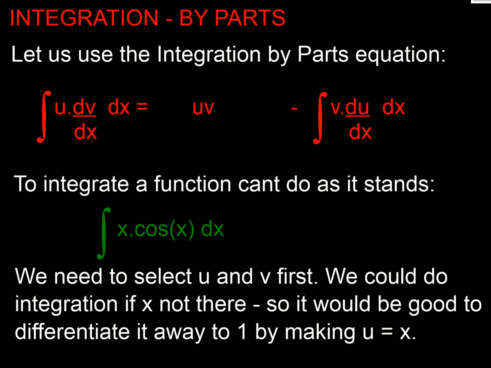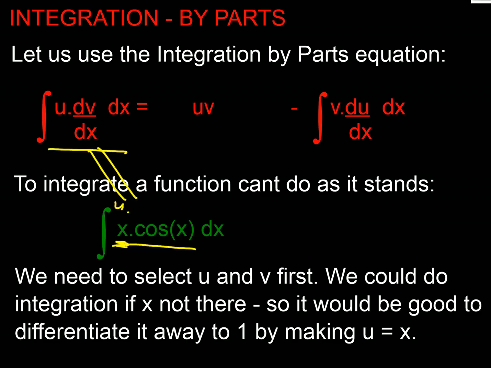So let's look at an example, shall we? Okay, here we are. Let's integrate x cos of x. The first thing we need to decide, we're going to equate it to the term on the left-hand side, and we're going to work out the terms on the right-hand side. So we need to decide which is u and which is dv by dx. If we could get rid of this x by differentiating it, it would go down to 1, wouldn't it? So that looks quite good to make equal to u.